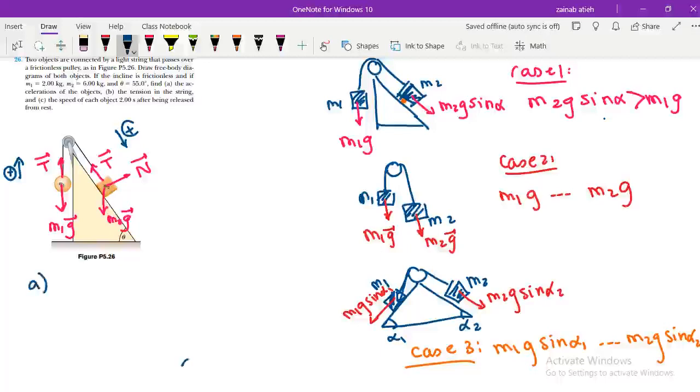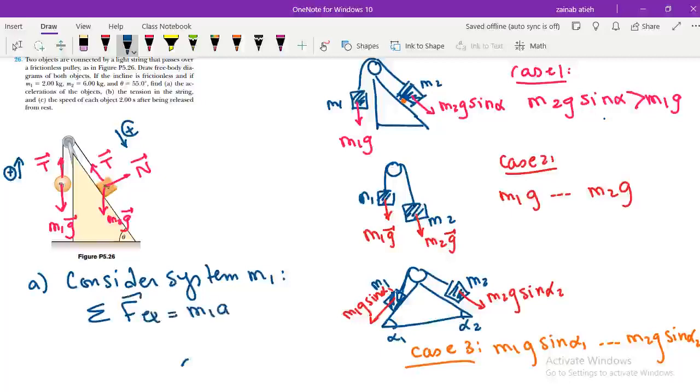So part A, first let's consider system M1. Sum of F external is equal to M1A. What are the forces acting on M1?